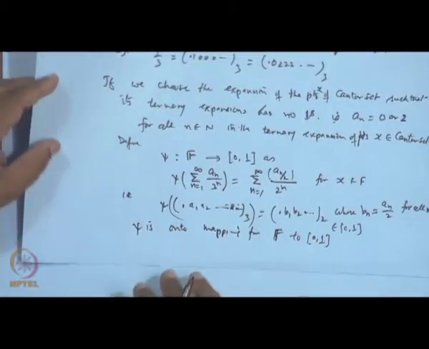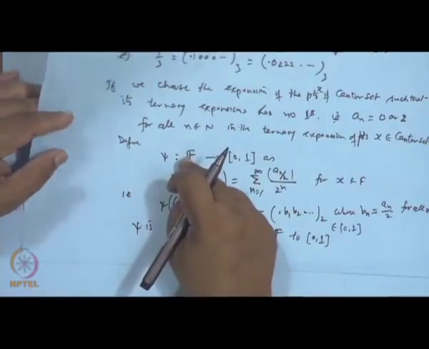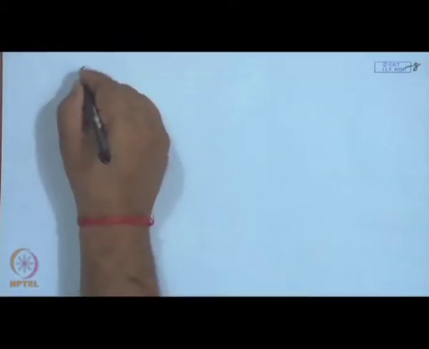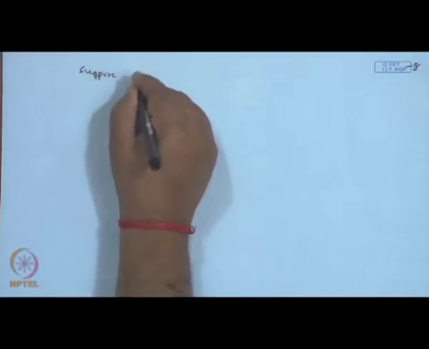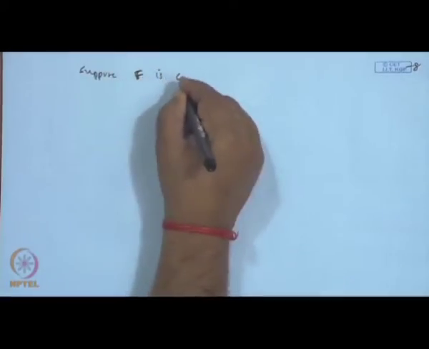Now, let us suppose that F is countable. Suppose this Cantor set F is countable.